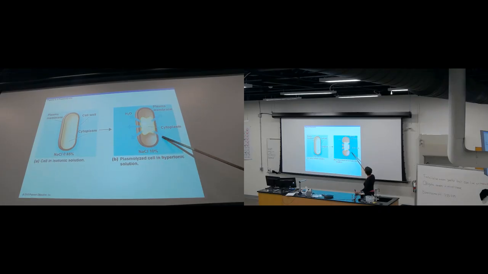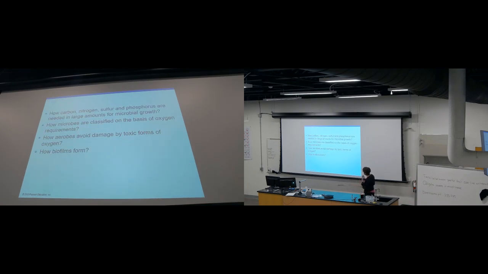And then you will shrink the cell. So the plasma membrane, which is this one in yellow color, detaches from the cell wall. That leads to cell death. The cell membrane has to be near to the cell wall in order for the bacteria to survive. So this is called plasmolysis.